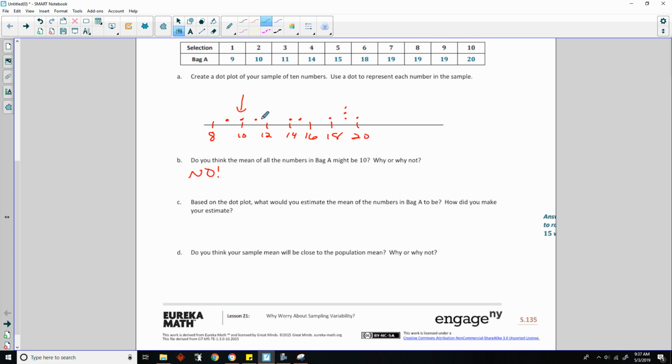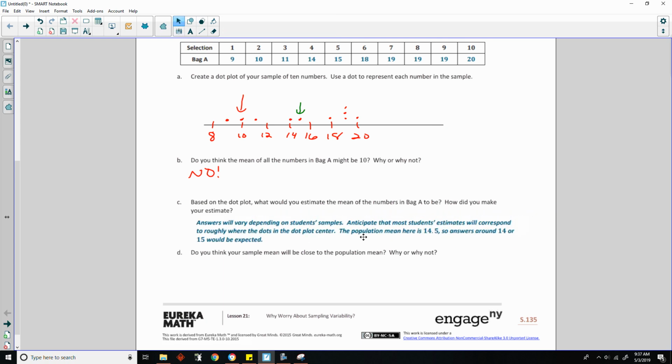Since this is skewed, the majority of the numbers are large, so it would be greater, I'd say greater than 15. And so here is an answer. Obviously they will vary. Okay, the population mean here is 14.5, so answers around 14 or 15 would be expected, and I said around 15, maybe even more, but maybe not.